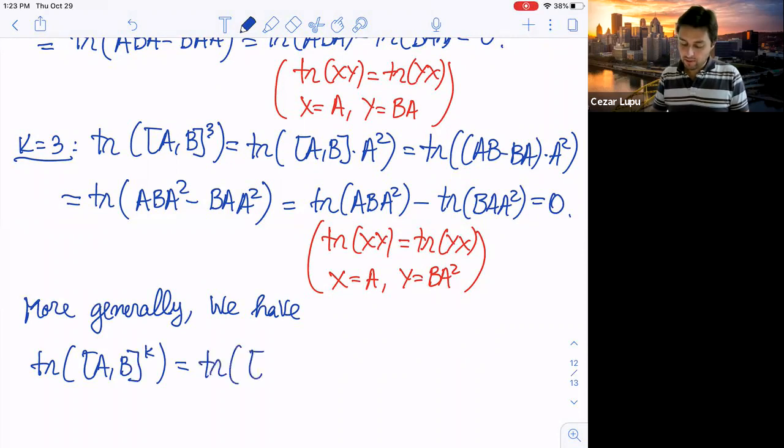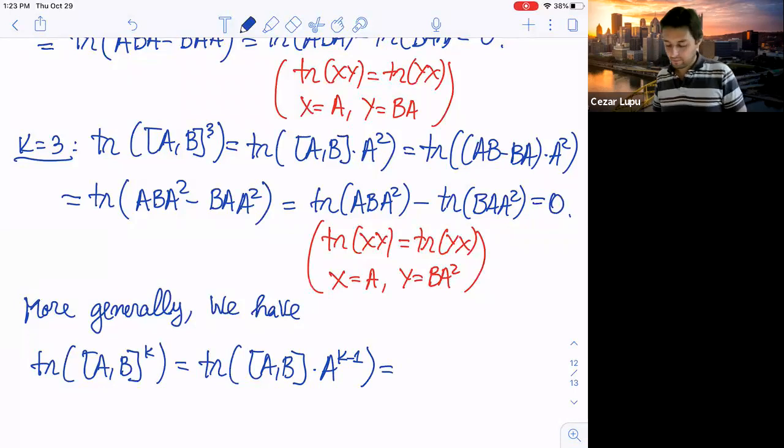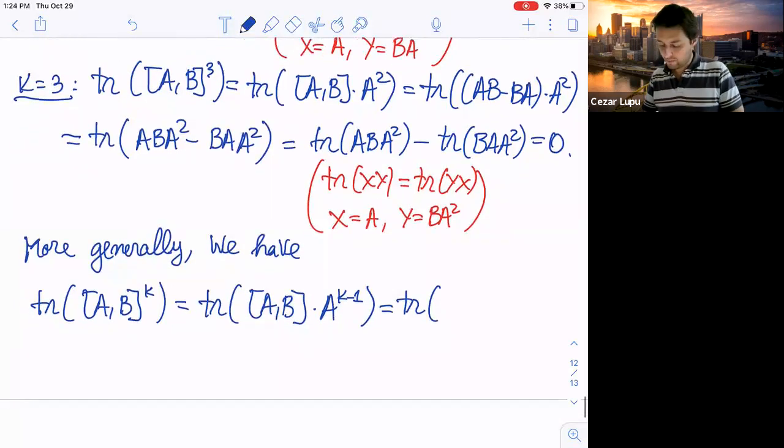This will be the trace of the bracket AB times A to the power k minus 1, right? Keep in mind that the bracket AB is A. So I'm just mimicking everything that I previously did here.